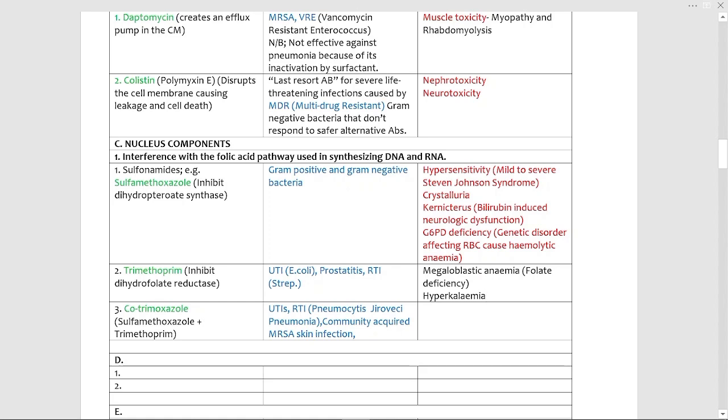So these are the major side effects of using trimethoprim. Hyperkalemia, I think this is the spelling. Those are the two major side effects of trimethoprim.